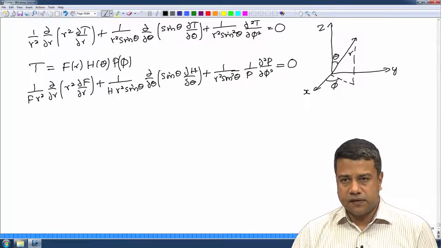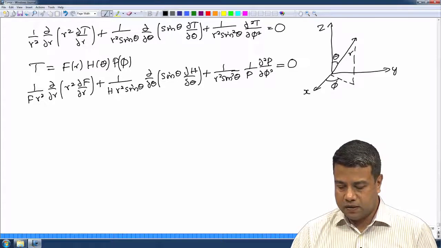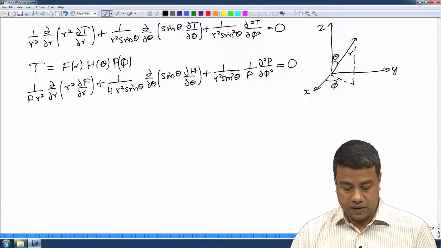Now, this is still not in a variable separable form. So, what I can do is multiply throughout by r square sin square theta.